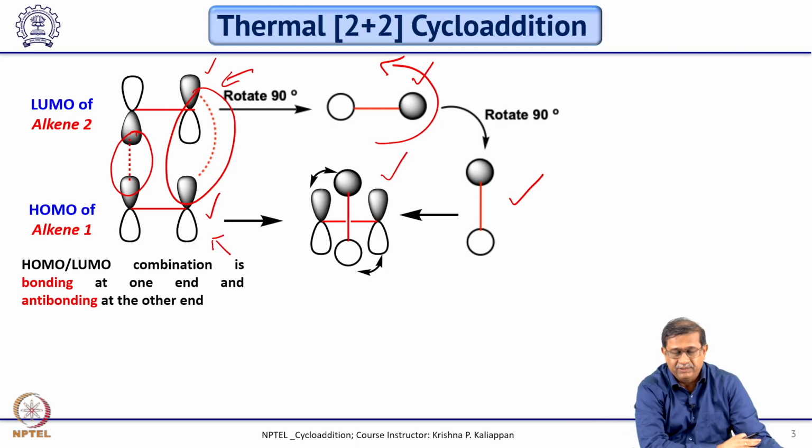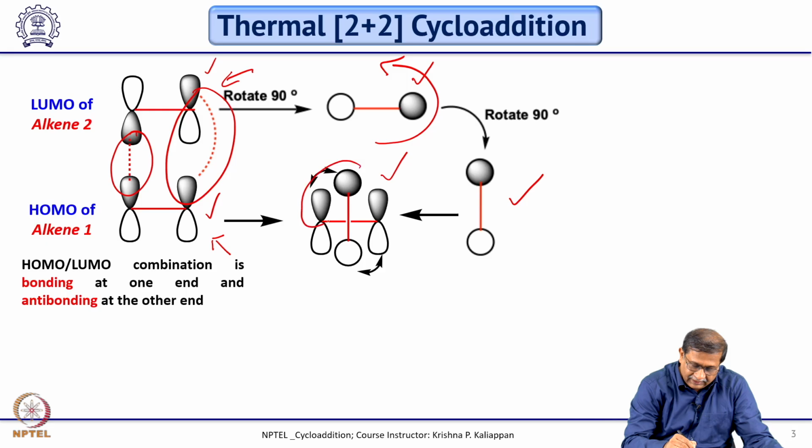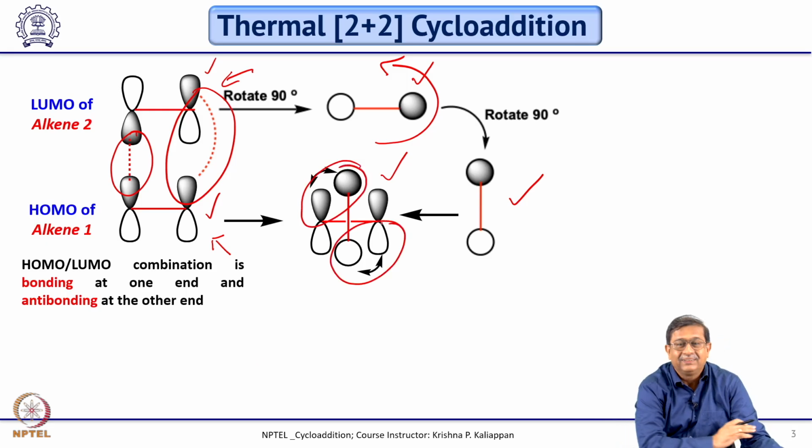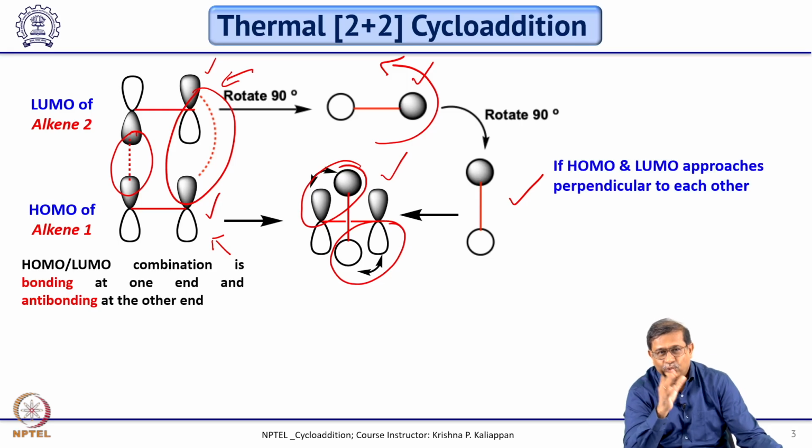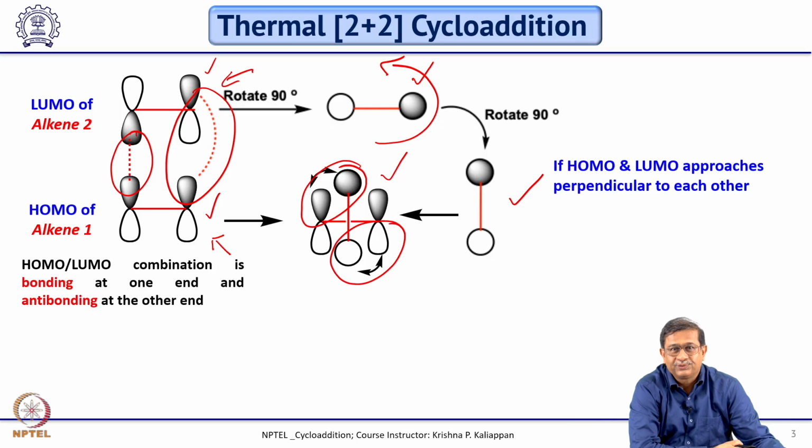Now you look at this arrangement, you can see bonding is possible here and bonding is possible here. In other words, if the HOMO of one alkene and the LUMO of the other alkene approach each other perpendicularly, then thermal 2+2 cycloaddition is possible.